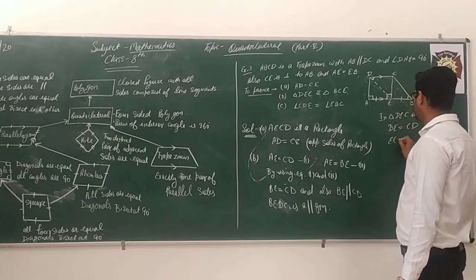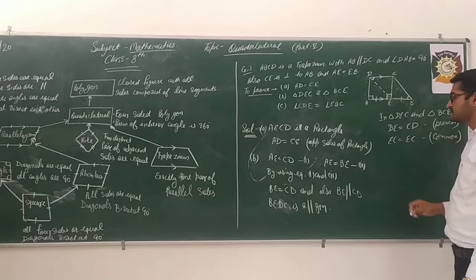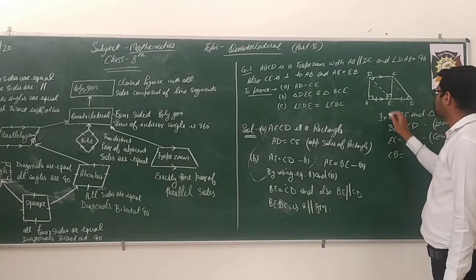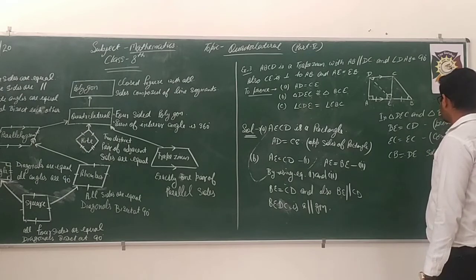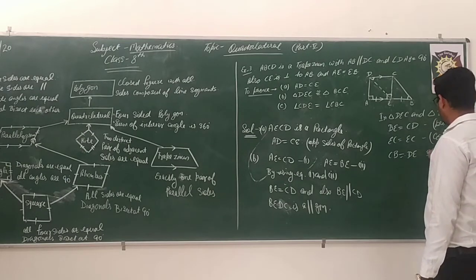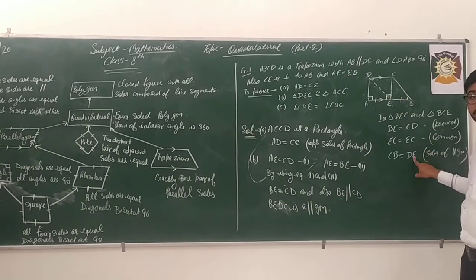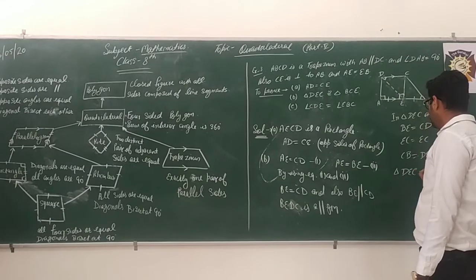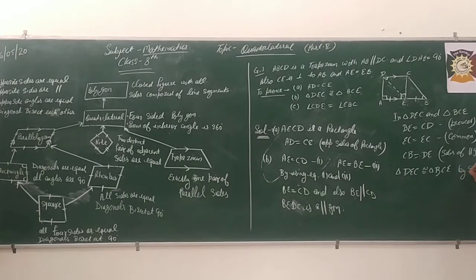Also EC is equal to EC, that is common, and CB is equal to DE. These are sides of a parallelogram. As you can see, we have proved that this is a parallelogram. So by these three things we can prove that triangle DEC is congruent to triangle BCE by SSS congruency criteria.